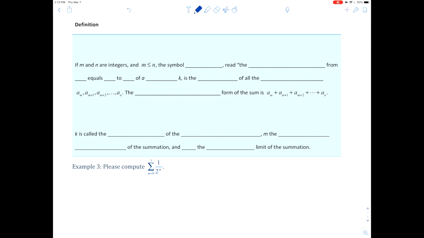All right, so our next definition deals with summations. All right, so if m and n are integers and m is less than or equal to n, this symbol, which is red, the sum, or really most properly summation, which basically means add them all up, from k equals m to n of a sub k is the beautiful sum of all the terms a sub m, a sub m plus 1, a sub m plus 2, all the way to a sub n.